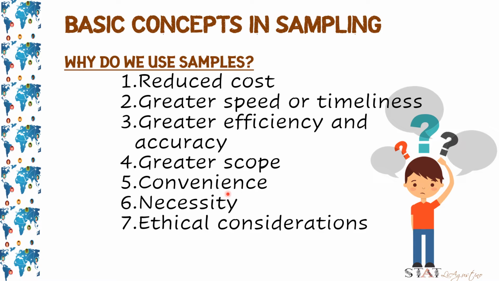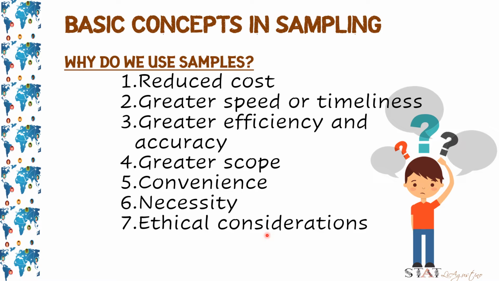And then greater speed or timeliness. For example, you will interview 500 instead of 1,000. Of course, given the same speed or time, you can finish interviewing only 500 of them compared to 1,000, right? And then greater efficiency and accuracy, greater scope, and of course, convenience, necessity, and ethical considerations, especially for biology, for agriculture.